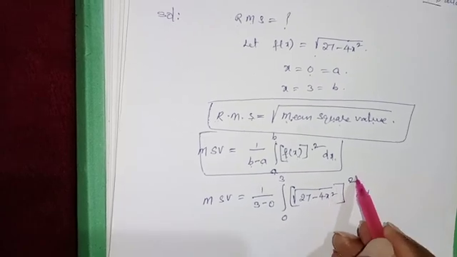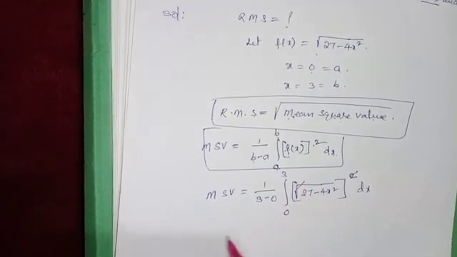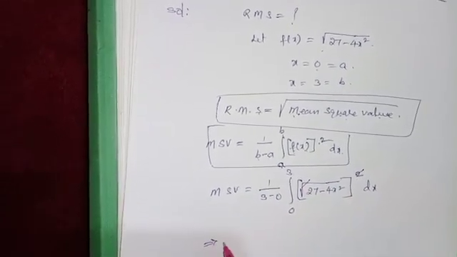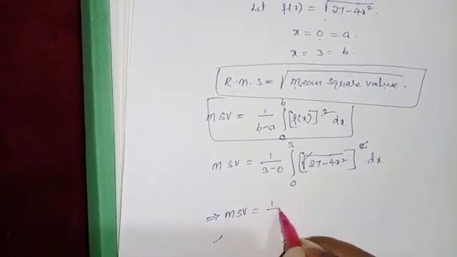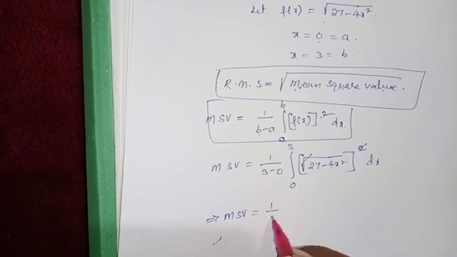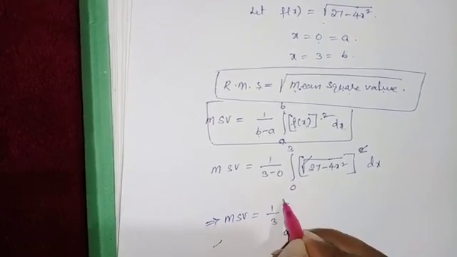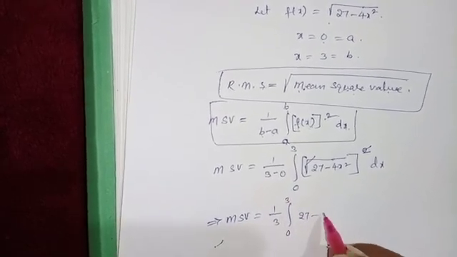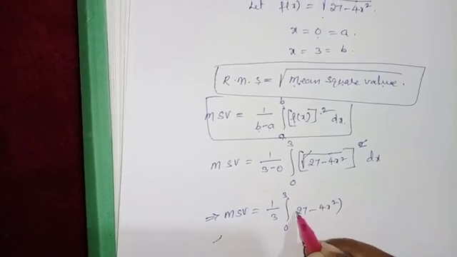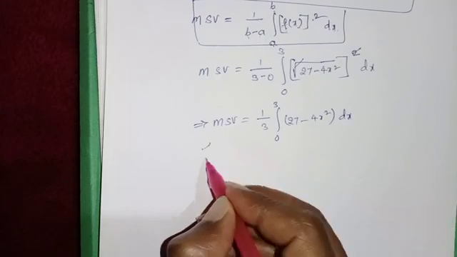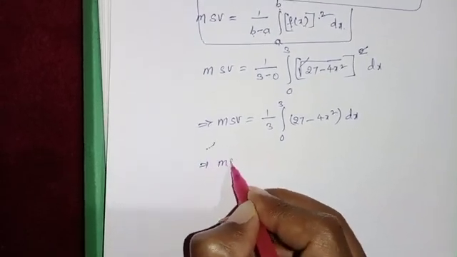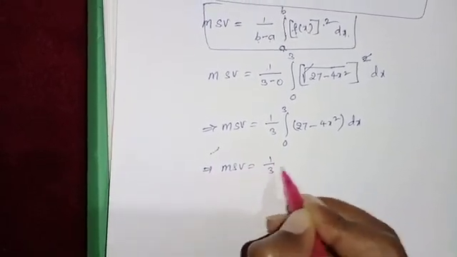If you observe here, the square root gets cancelled, remaining MSV is equal to 1 over 3 minus 0 is 3, integral 0 to 3, 27 minus 4x square into dx.